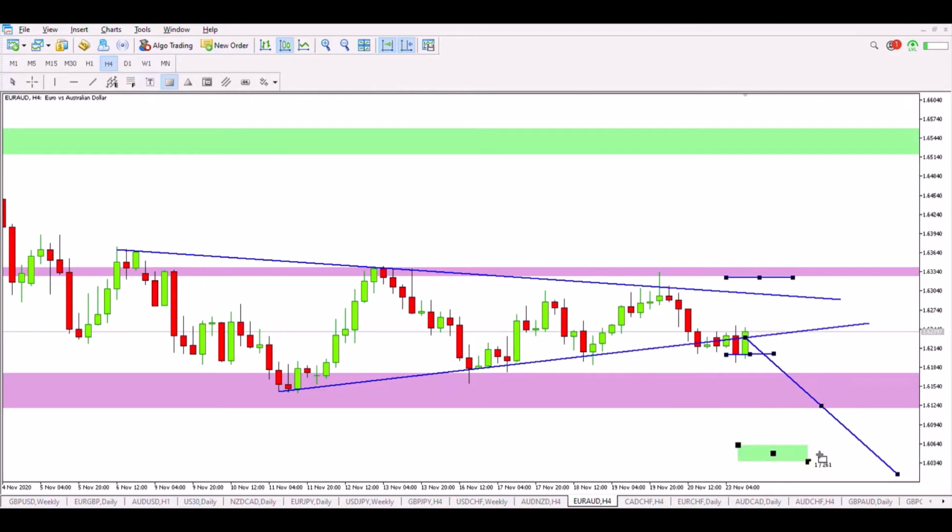So your take profit target can be somewhere here. So here you can see a nice risk to reward for this trade.